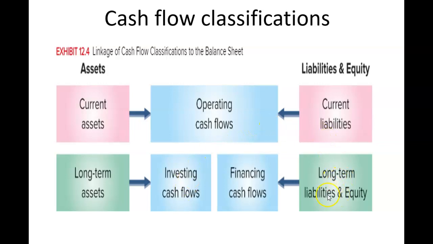Changes in long-term liabilities, such as long-term debt or bonds payable, and changes in equity, such as common stock and dividends, if those changes arose because of a receipt or payment of cash, are shown in the financing section of the cash flow statement.